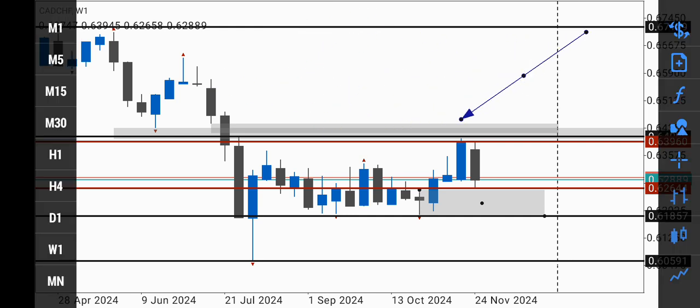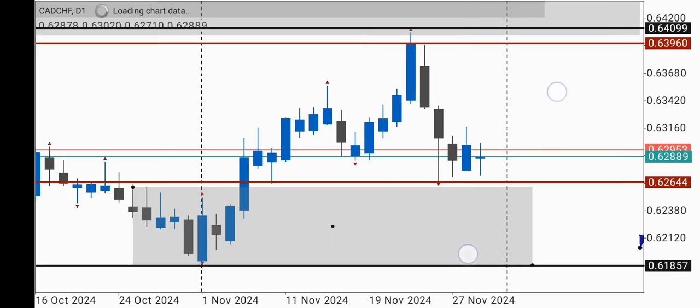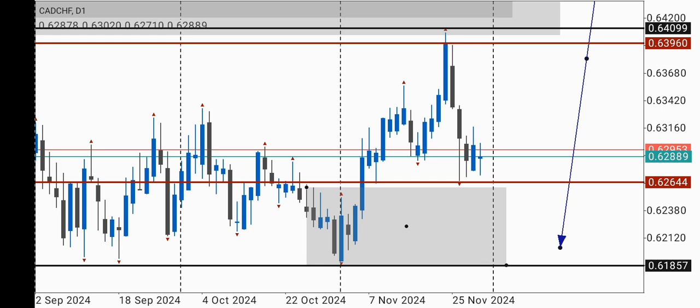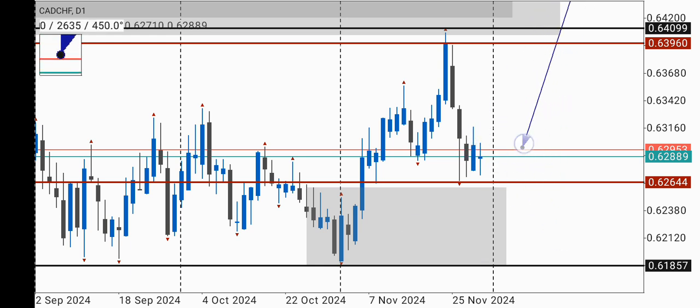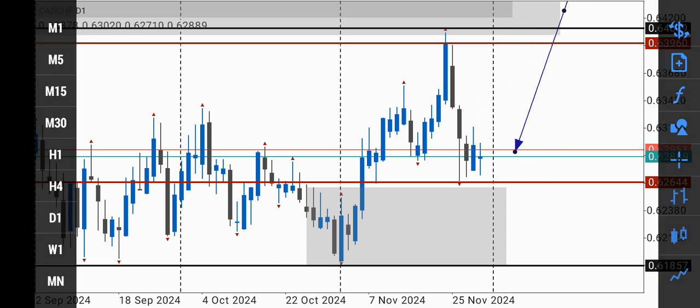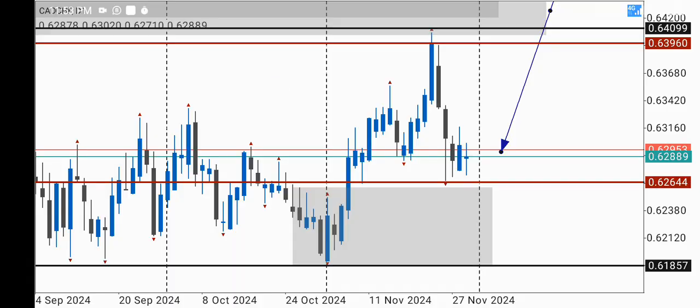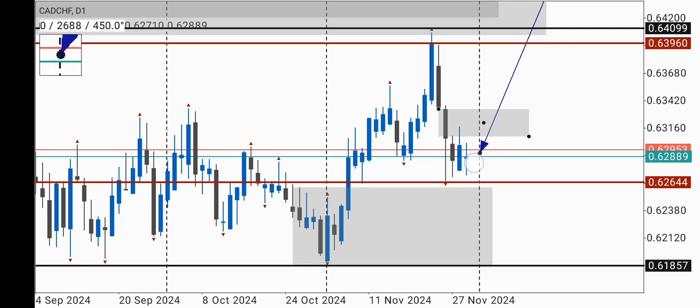So go down to our daily. This daily is what is going to give us our final framework. We'll get our final framework from here. What really happened here was that price tapped through another bearish fair value gap, and that made price drop down, giving us this final touch.